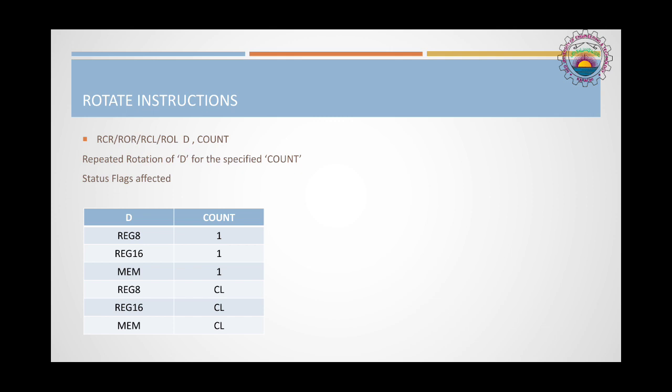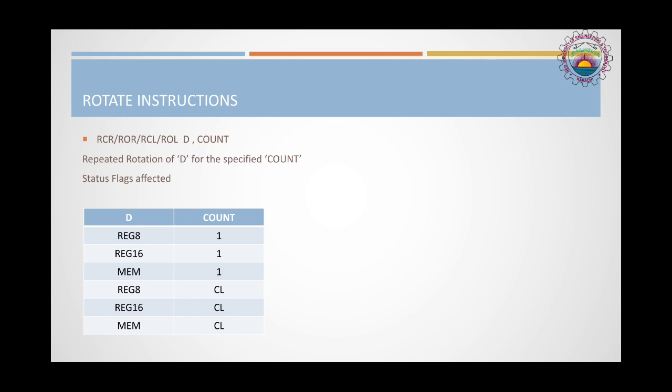Now we are going to discuss rotate instructions. In rotate instructions, there are two operands. First operand on which the rotation will be performed, and second operand is the value of how many times we are going to perform rotation on the first operand.